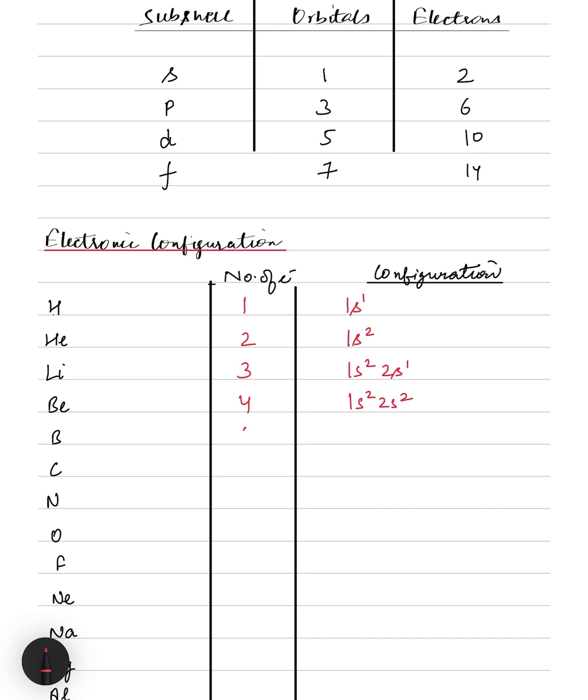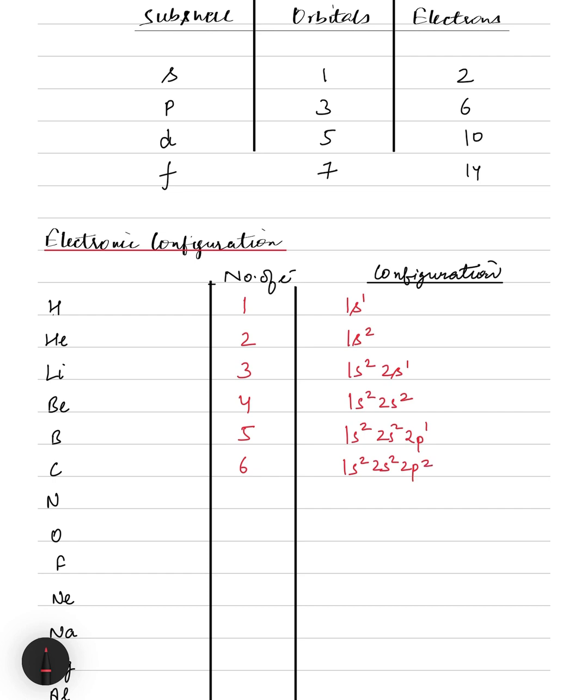In the case of boron, atomic number is 5, so it will be 1s2 2s2. Since boron has 5 electrons and 2s is completely filled, after 2s comes 2p, and 1 electron is left, so it will be 2p1. In the case of carbon, atomic number is 6, so it will be 1s2 2s2 2p2.